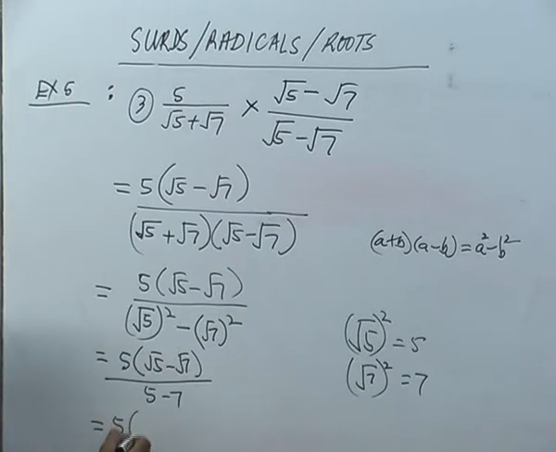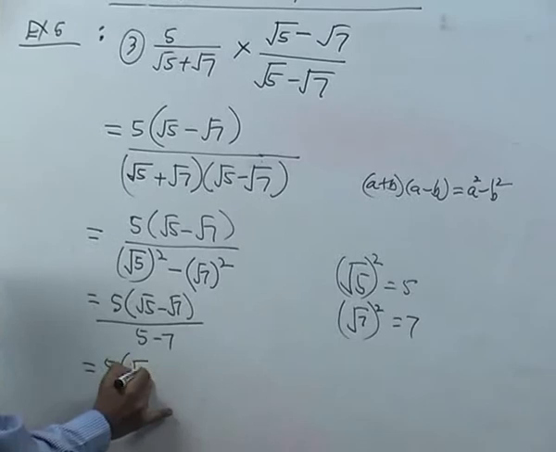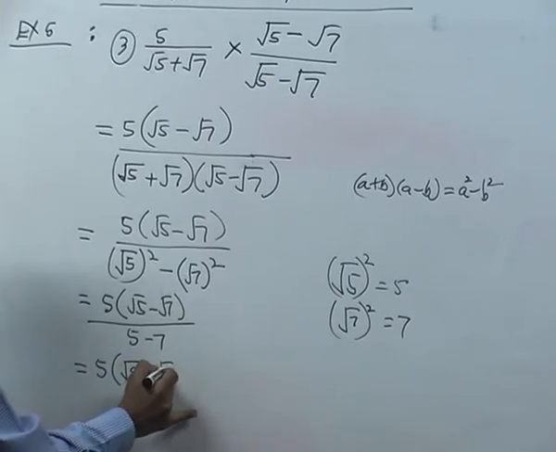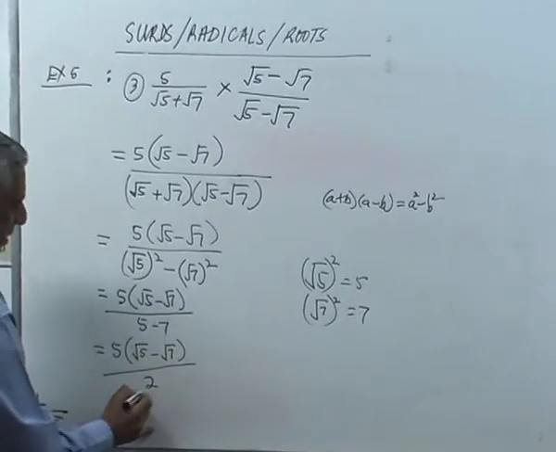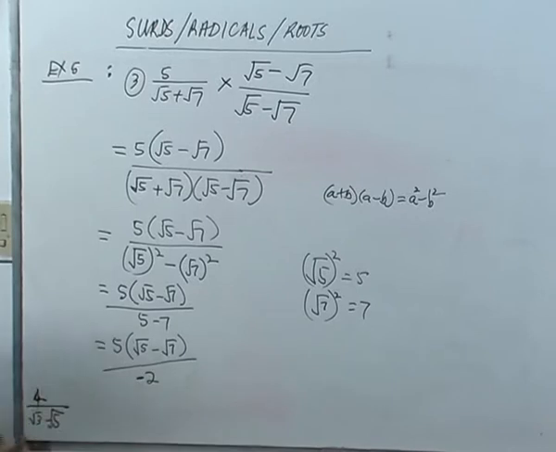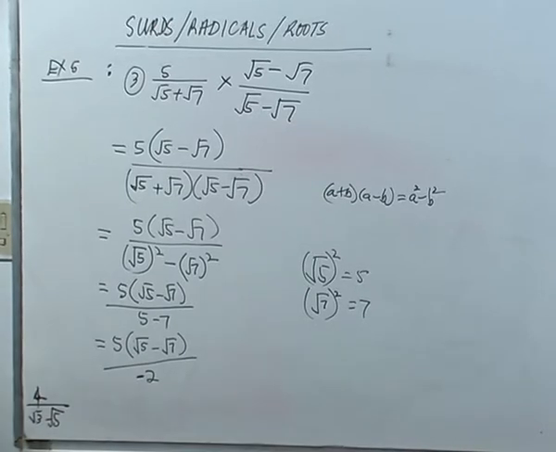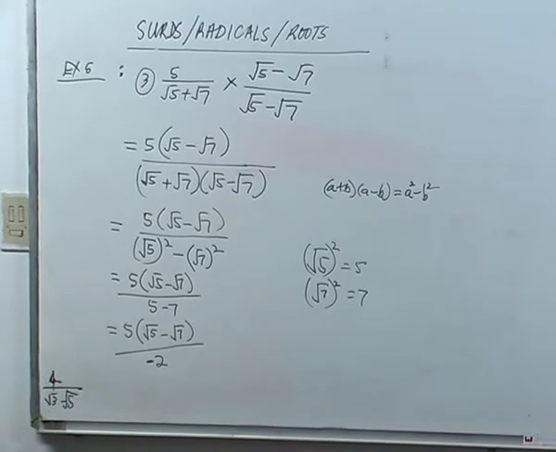So the numerator is 5 into square root of 5 minus square root of 7 all over 5 minus 7, which is... sorry, not 2. 5 minus 7, which is minus 2. So, that's your answer for number 3.